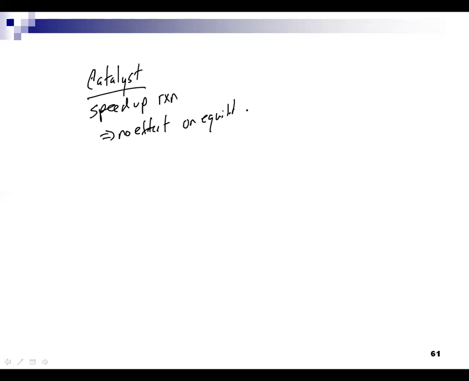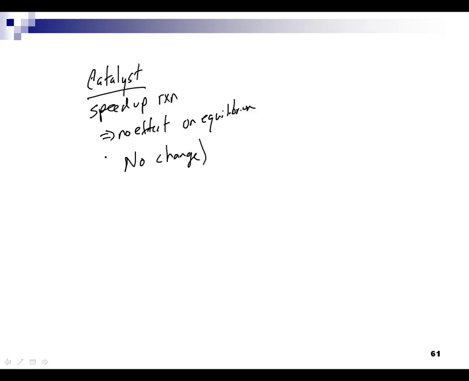The last thing up there that we talked about is a catalyst. A catalyst is something that will speed up a chemical reaction, but it will have no effect on the equilibrium. You'll just get there quicker. So this will be one that gives you a no change as well.